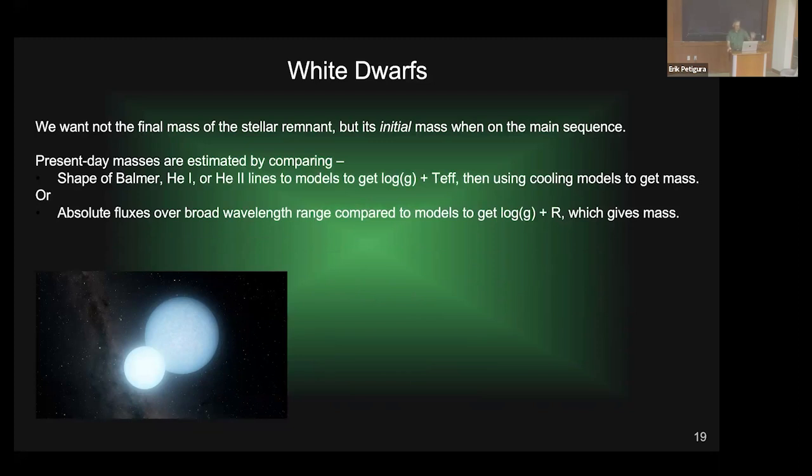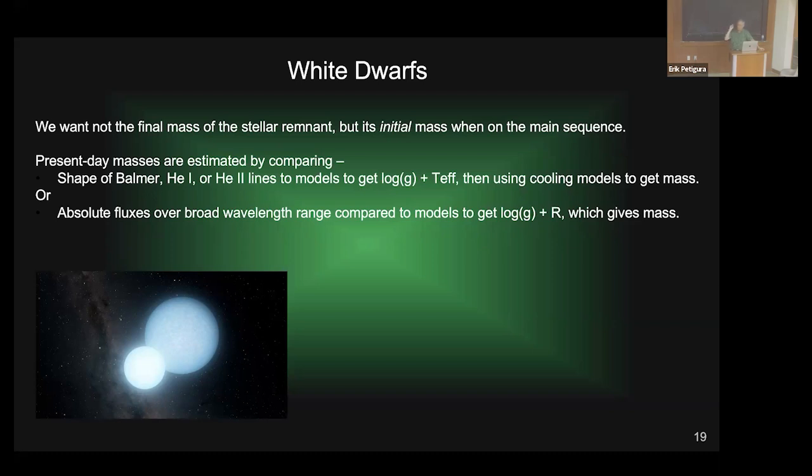So here we can get present day masses by doing one of two different methods. If we have a spectrum of the white dwarf and it shows either hydrogen Balmer lines or helium lines, we can compare those to the models to get the surface gravity and the effective temperature. And then using the cooling models, we can get the mass.